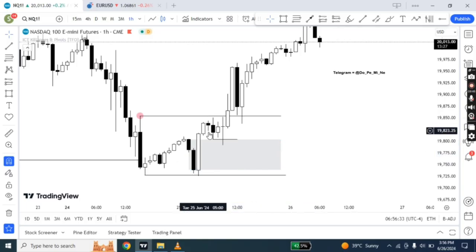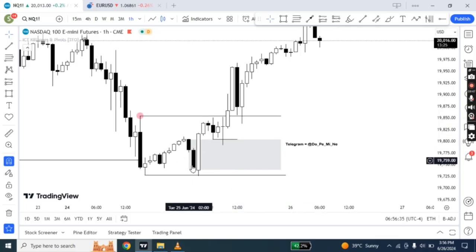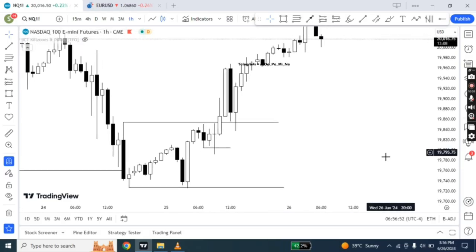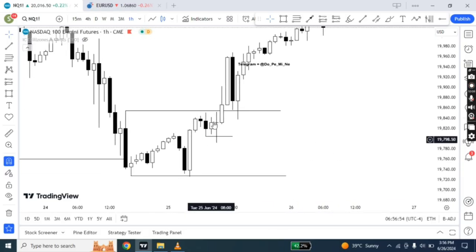The first is that this candle dug into this order block right here, dug into this key level, and not only that, this candle was formed at a key time, which is 7 a.m. Eastern time. The 7 a.m. Eastern time, along with other times, is a key time for a 1 hour CRT to be formed. So based off of these two factors, I decided that I'm going to potentially trade this CRT.